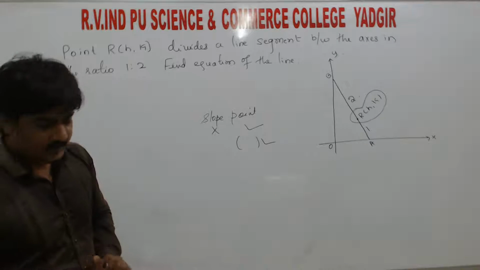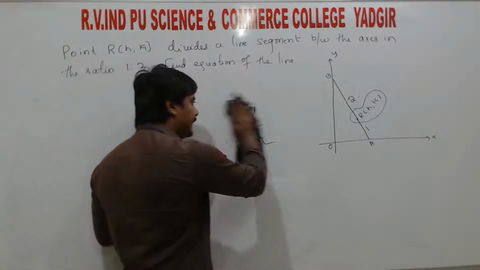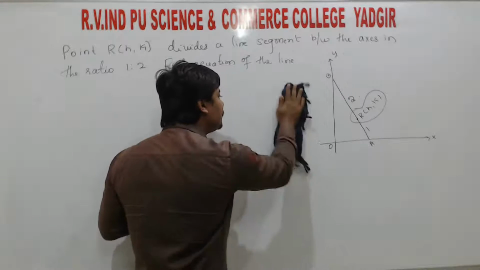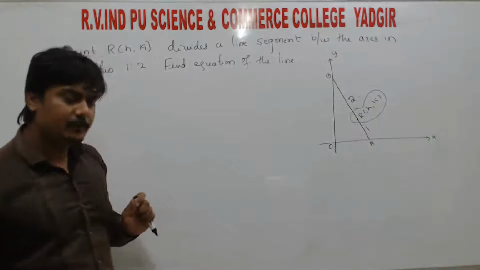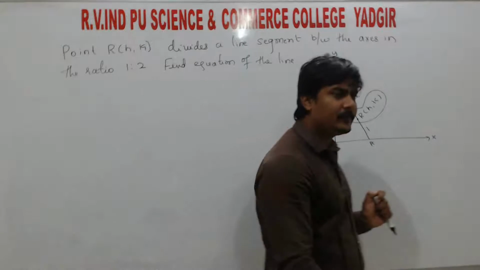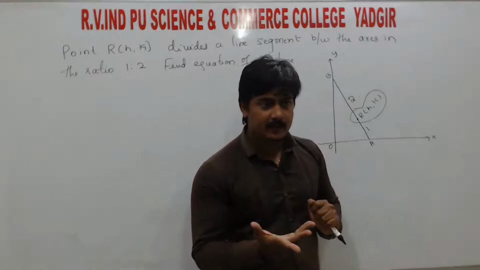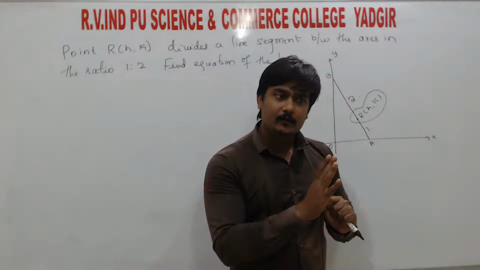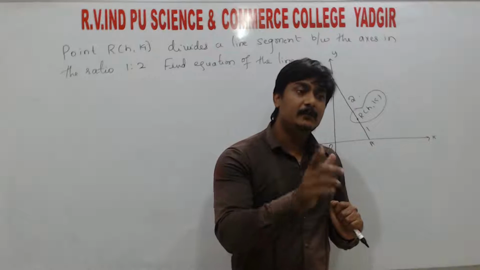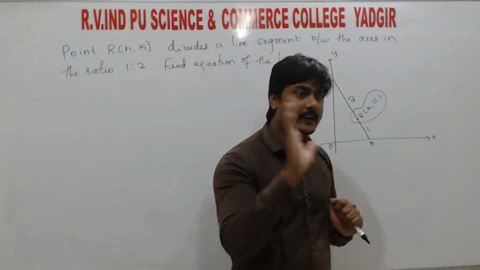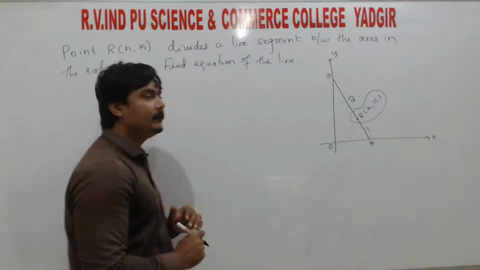Is that not so? So what we will do here is use the intercept form of the straight line equation. You may be thinking, sir, are we given the intercepts made by the line with the x-axis and y-axis? Right now we do not know the intercept values, but we can find them out. See, how do I get those x-intercept and y-intercept?